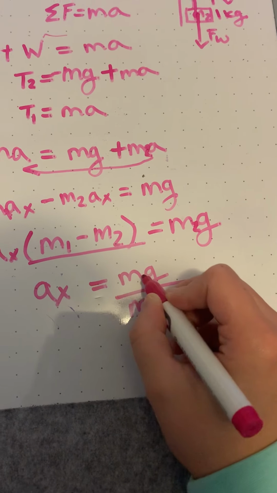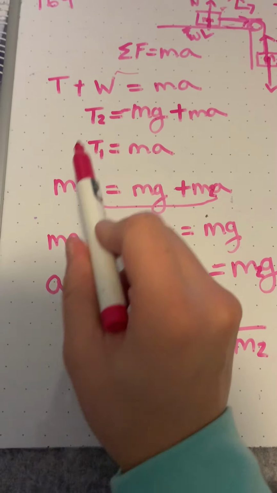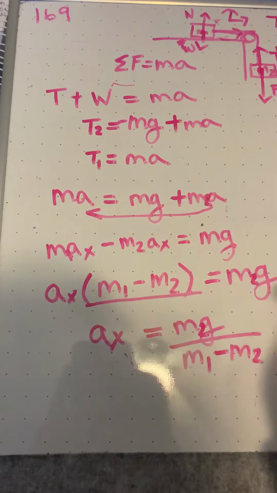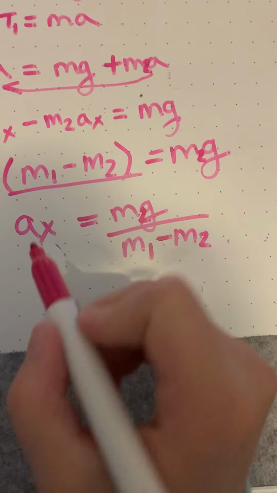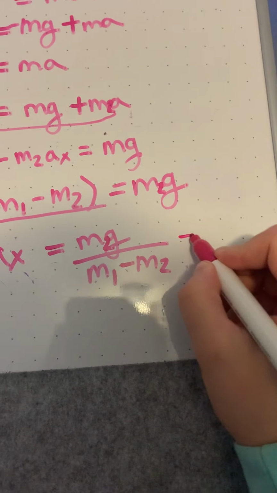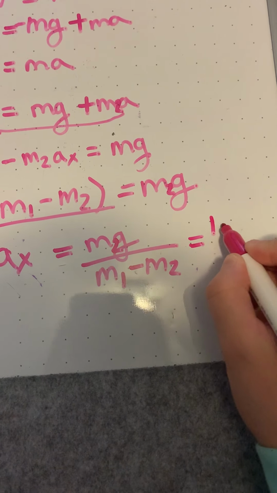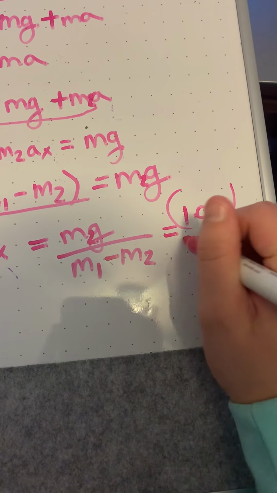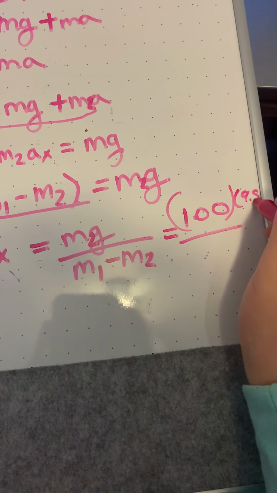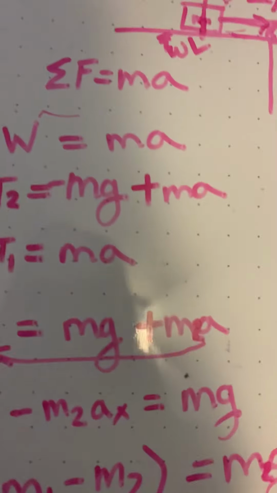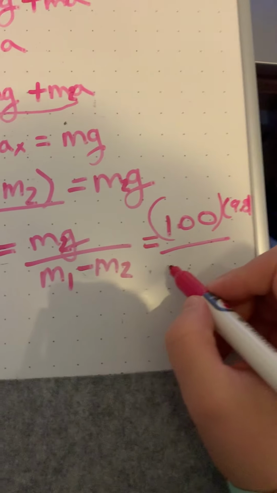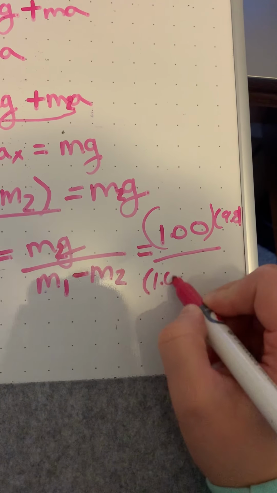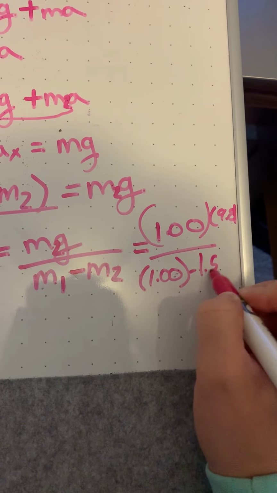And remember that this is m2 because I got it from this equation up here. So then all I have to do now is substitute my values. So m2 is 1 kilogram times 9.81, and then m1 is 1.5. So this is 1.00 minus 1.50.